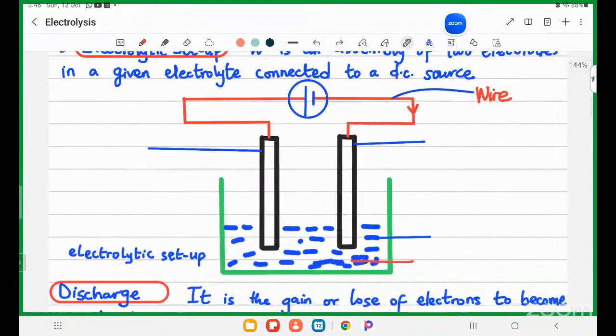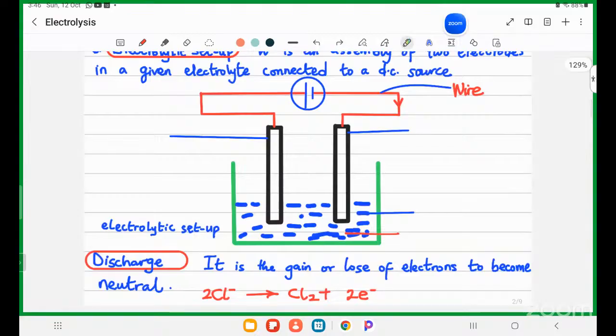All right, kindly draw this diagram while I label its parts. This is the cathode, the negative electrode. This is the anode, which is the positive electrode.